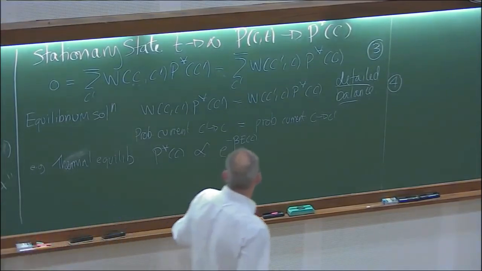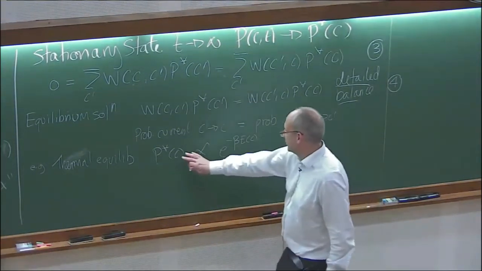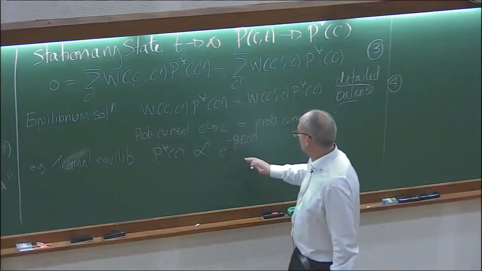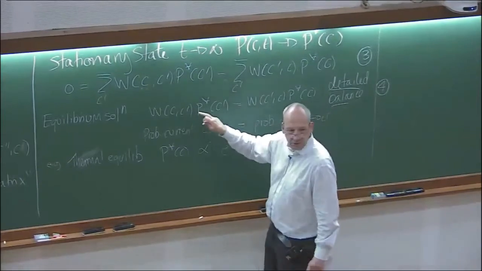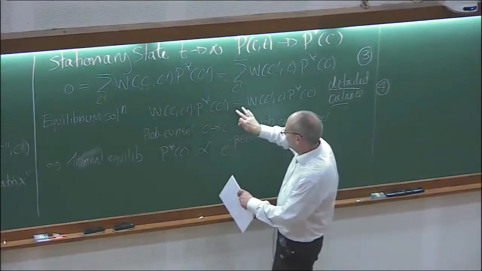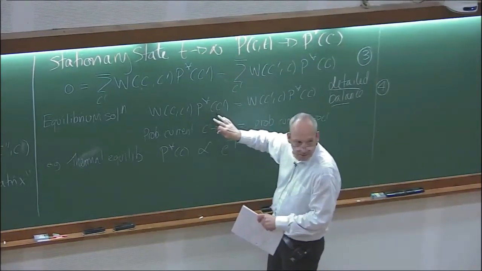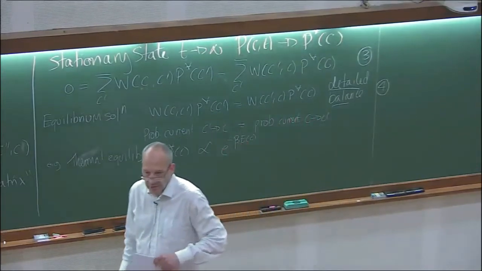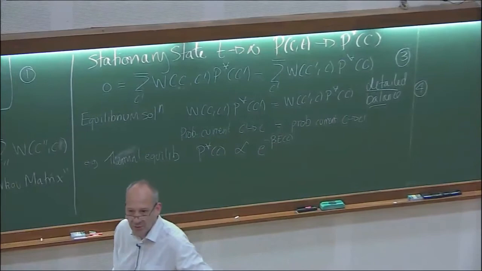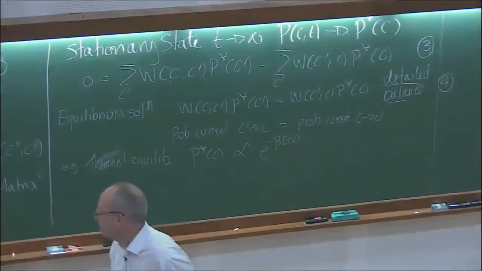So anyway, for thermal equilibrium, we want our stationary state to have this form, and so effectively we can choose the transition rates to satisfy this. So we know what our equilibrium is, so we can construct dynamics that will take us there. Essentially, that's the game.